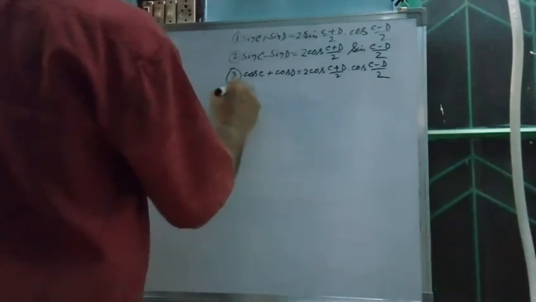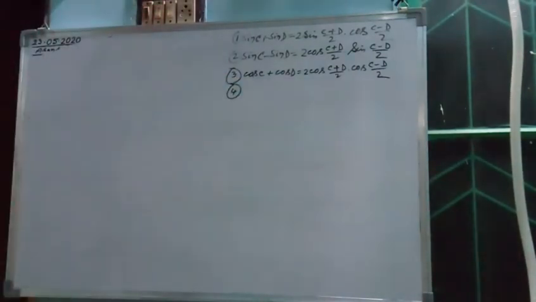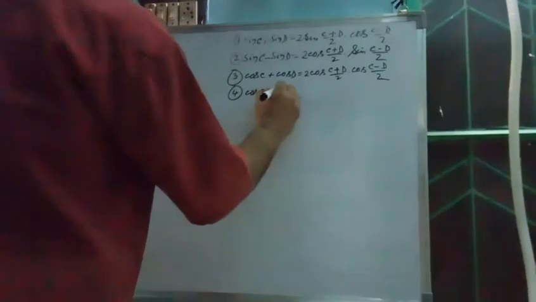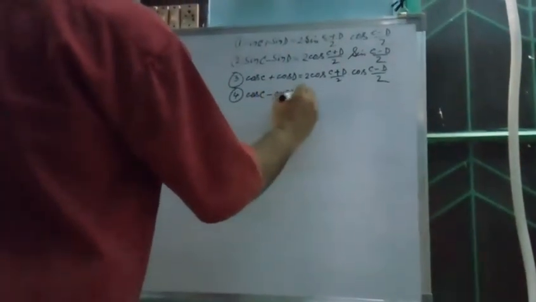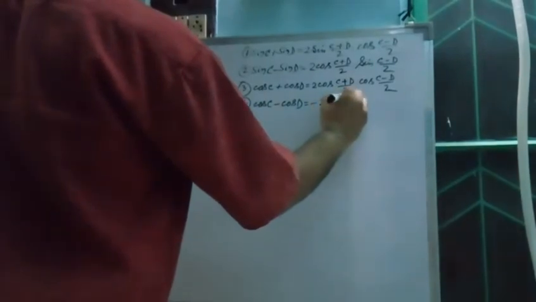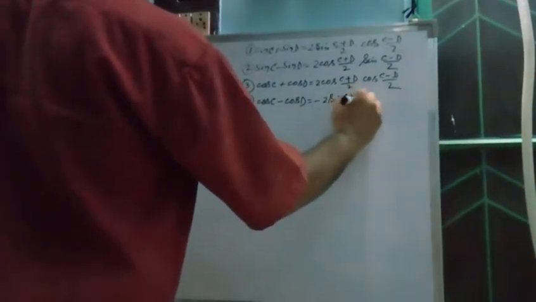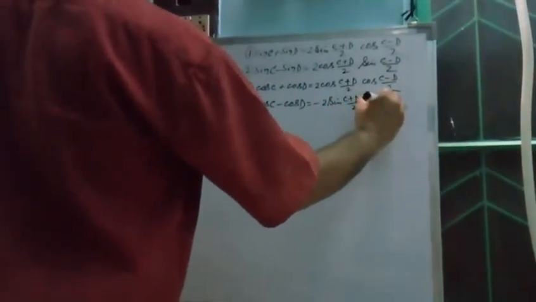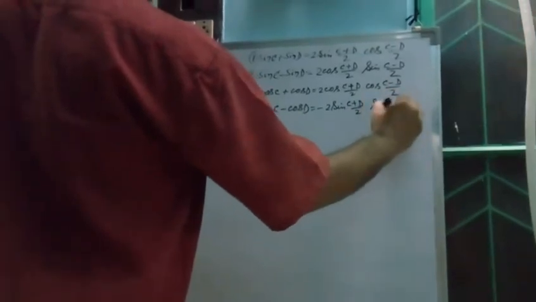Number 3. Number 4, cos c minus cos d is equal to minus 2 sin (c+d)/2 into sin (c-d)/2.